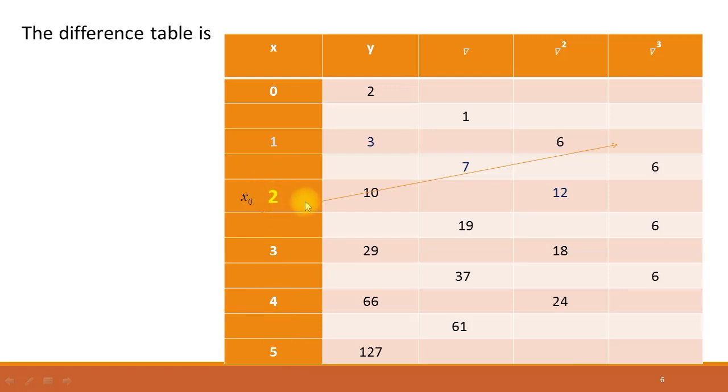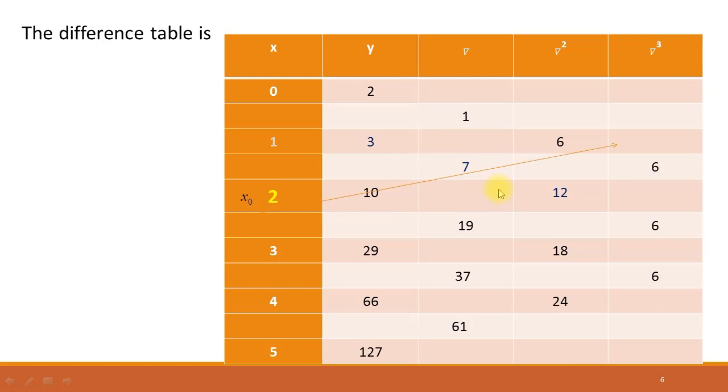So take the value of y naught from the end of the table at the 4th position: 1, 2, 3, 4. So this is the value of y naught. Similarly, take the first difference at the 4th position from the end of the table: 1, 2, 3 and 4. This is the value of del y naught corresponding to the position of x naught and y naught.